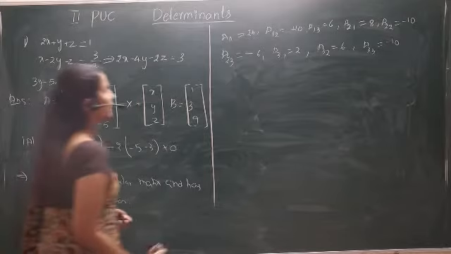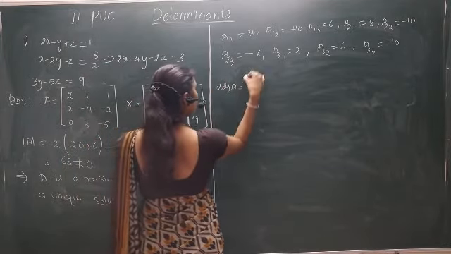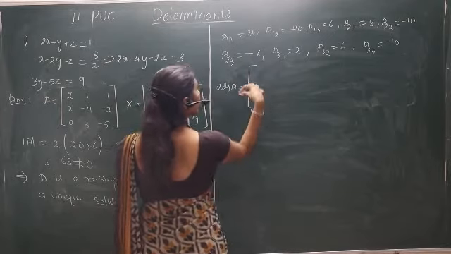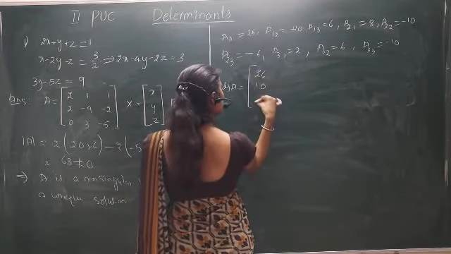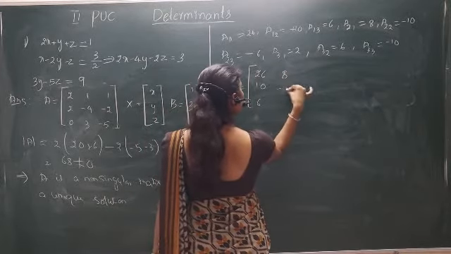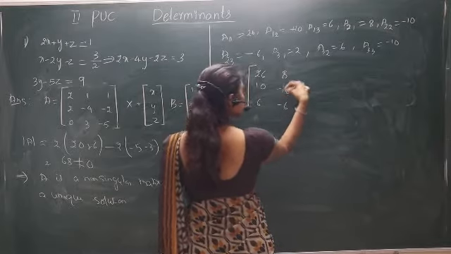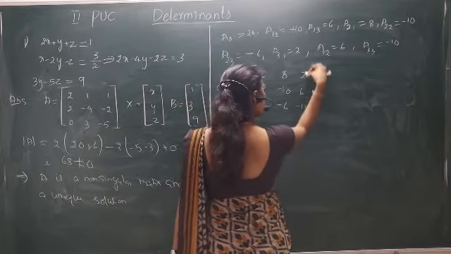Then the adjoint of A: 26, 10, 6, 8, minus 10, minus 6, 2, 6 and minus 10.